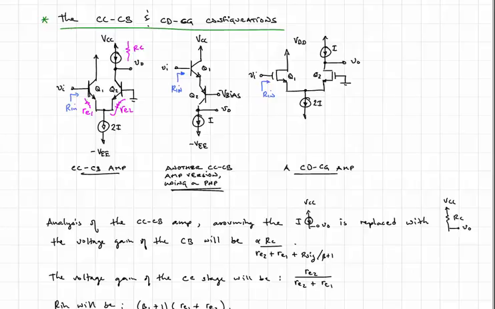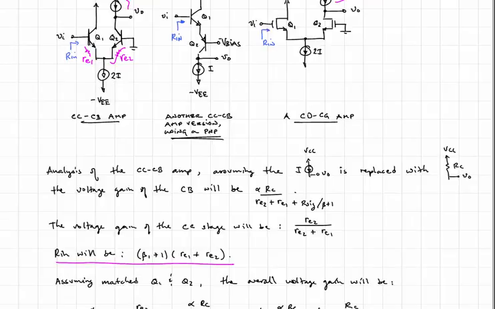The middle circuit is just an alternative version of the common collector, common base, where it uses complementary devices. And the third one here is a MOSFET implemented version. And again, this current source could be a resistor.